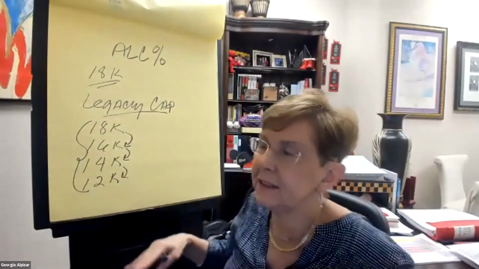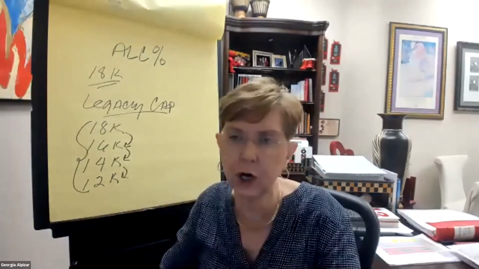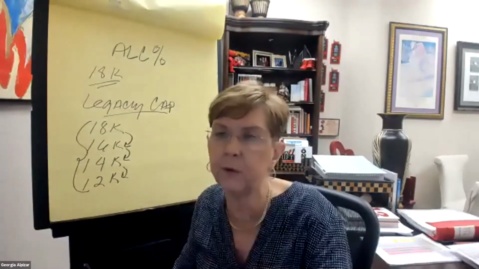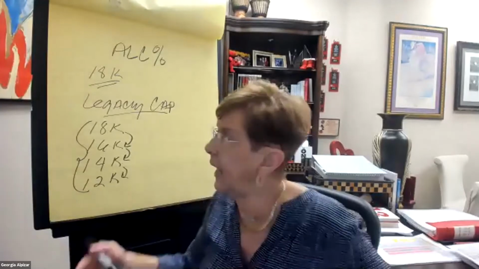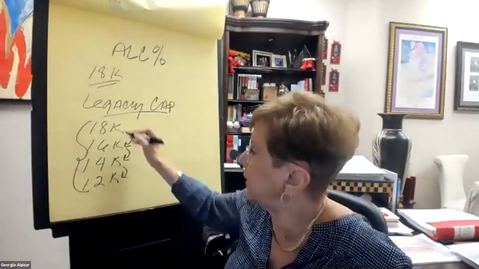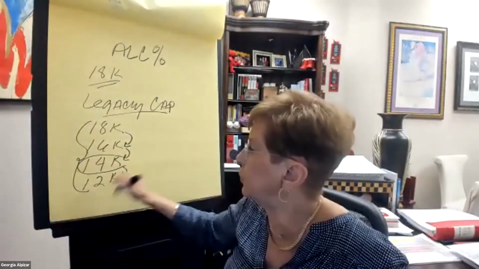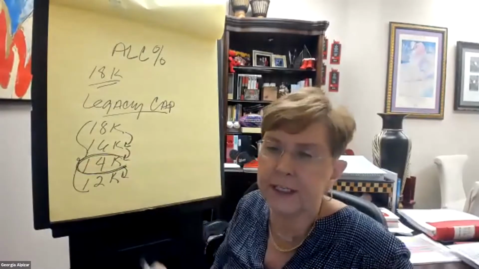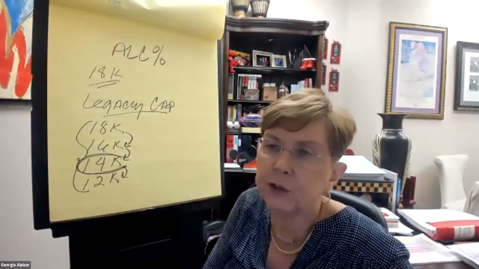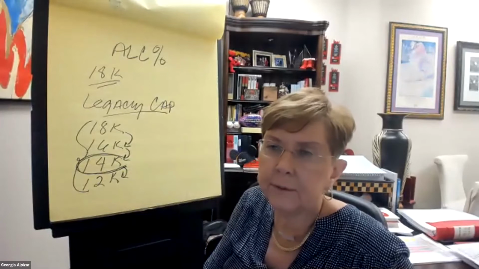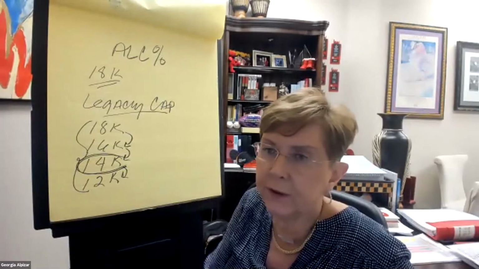But what happens is, we've got to start someplace. So we've had agents that have been with us for 10 years now. And so some market centers are saying, I don't think anybody's at 12, but we're going to take you down to a $14,000 or $15,000 cap because you've been with us for 10 years or 5 years or whatever the number might be.